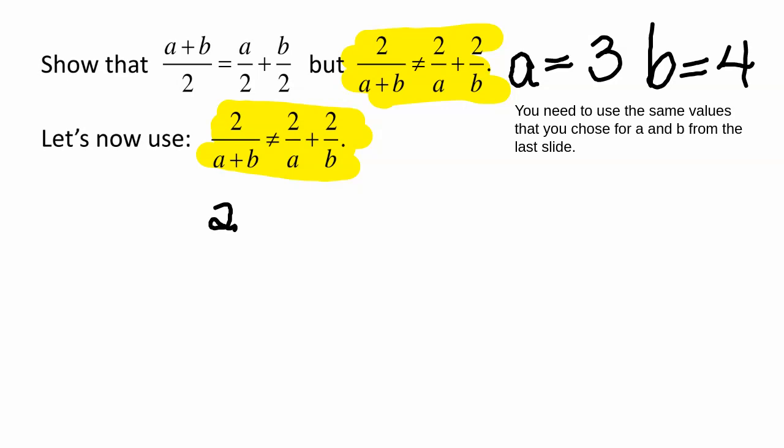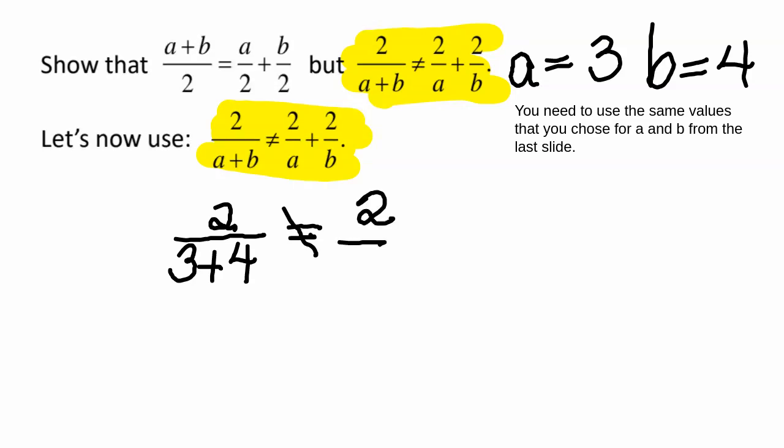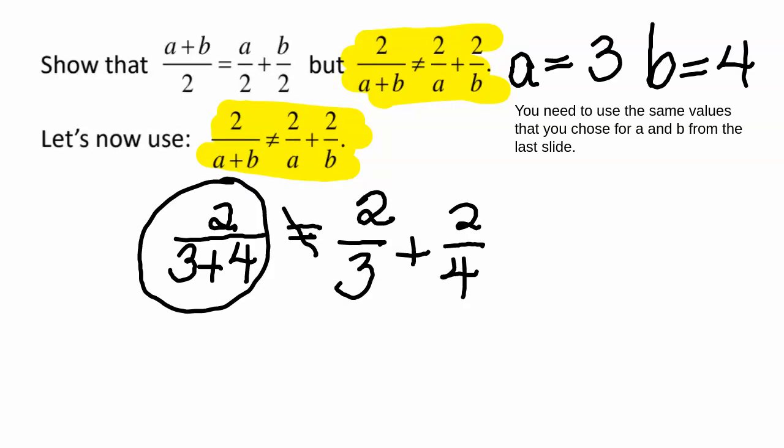I have a 2. Now this is going to be 3 plus 4 in the bottom. They are saying that this does not equal 2 over 3 plus 2 over 4. Well, this side is easy to do. We know that this side is going to be 2 over 7.